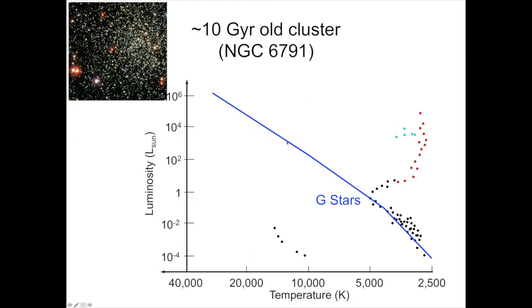By 10 billion years, the main sequence has been heavily depleted. Now only G, K, and M stars, stars the mass of the Sun and smaller, are left on the main sequence, and all of the stars that were up in the upper part have long since vanished, either as supernovae, and have left behind only neutron stars and white dwarfs.